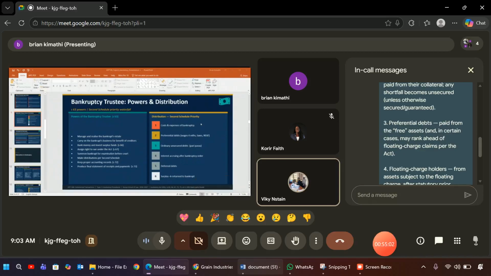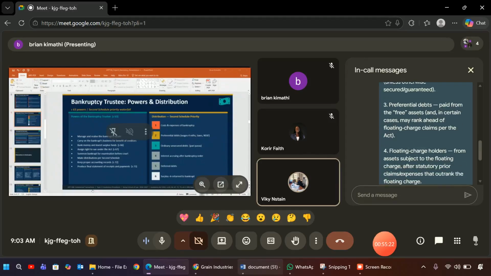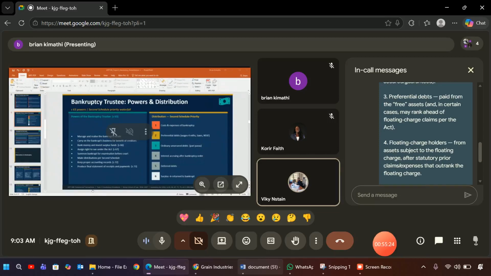These are paid from the free assets and in certain cases may rank ahead of floating charge claims per the act. So preferential debts zenye Ringera amesema, if you don't register the caution, if you don't register the interest by MPSR kama ina fall under MPSR, then itakuwa a free asset. In my view, that's what Ringera amesema. Then remember pa kuna rider that it may rank ahead of floating charge claims as per the act.